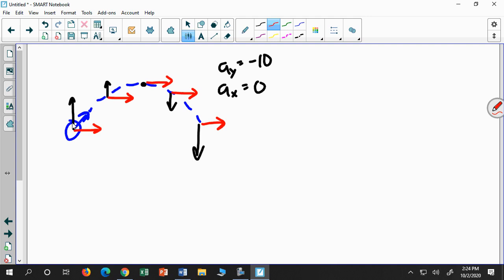Same amount of time to go up as down. The amount of time that's in the air is set by the y component of the velocity. Just be able to describe what projectile motion is and how objects in projectile motion respond.